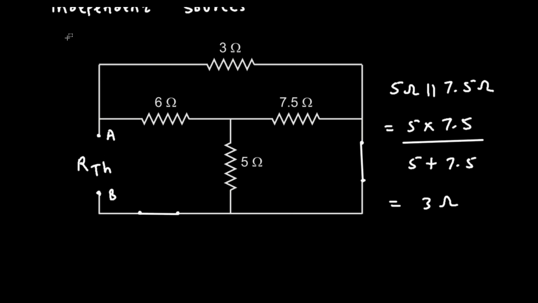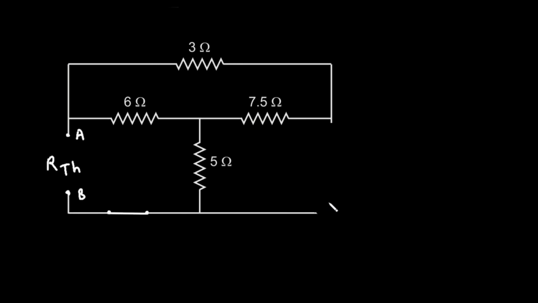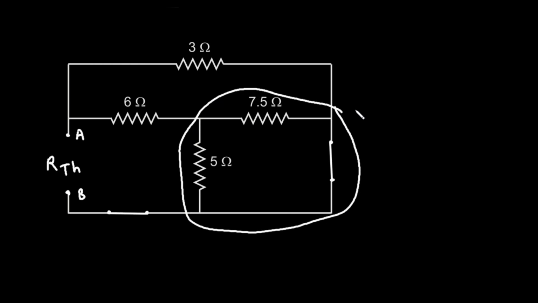Now again, let's copy this circuit from here. We can replace these two resistors by a simple 3 ohm, with one terminal here and one terminal here.